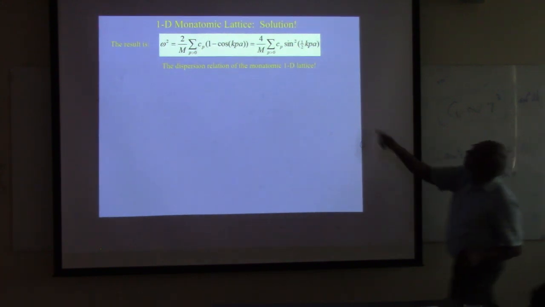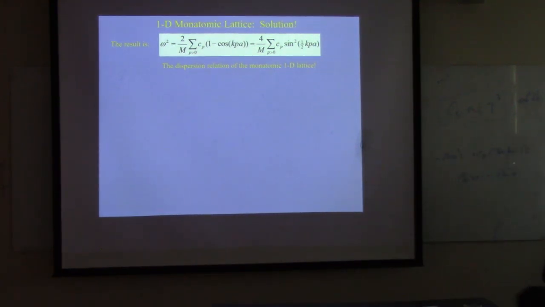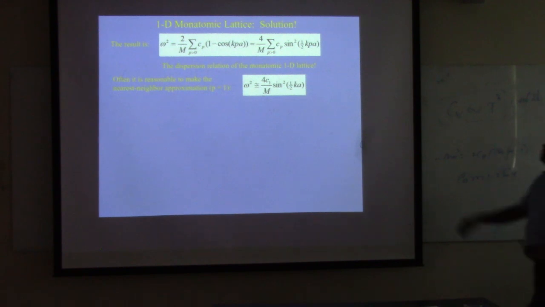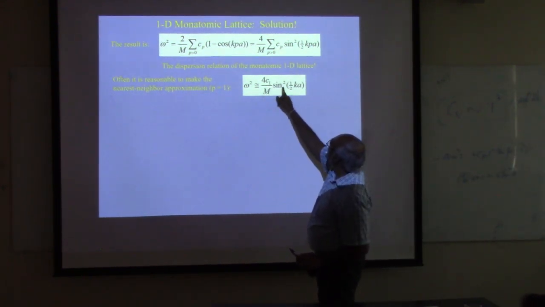So that's why you get half here. Simple. You should remember this one. So then if I consider only the nearest neighbor, that's the answer. Omega squared is 4C1 divided by mass times sine squared this one.